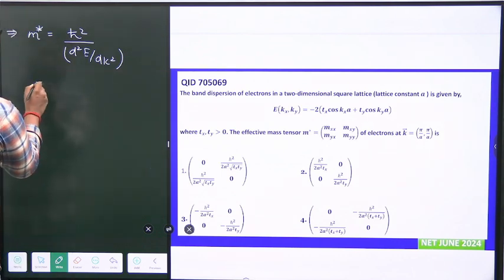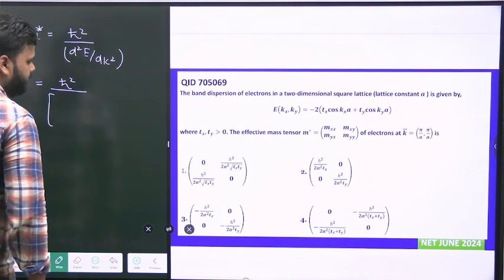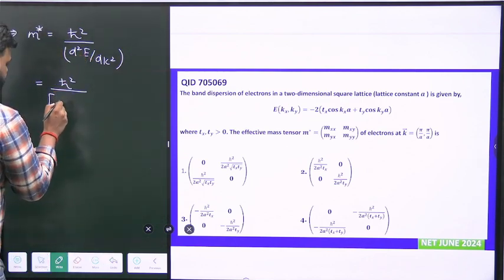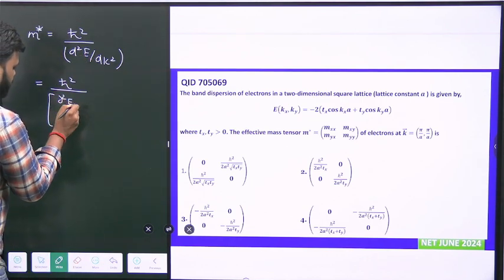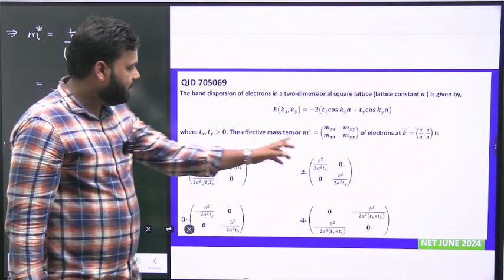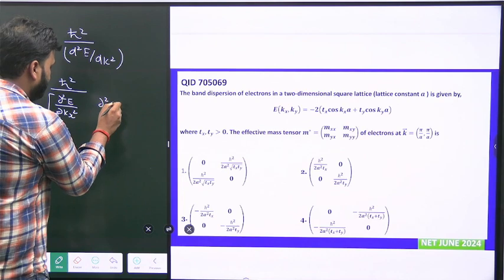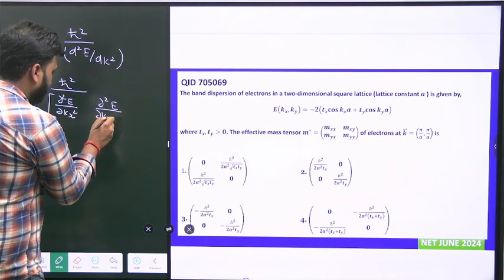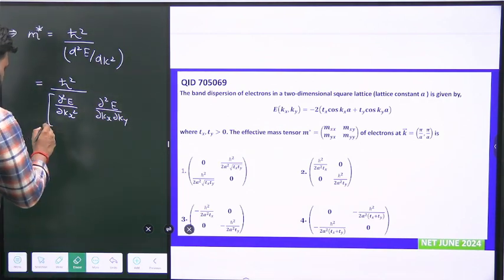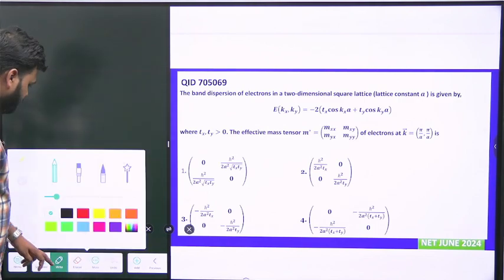So let's do it. It will be nothing but h cut squared, and in the denominator we will have a matrix form. Mxx means del 2E over del kx squared. For mxy, we will have del 2E by del kx del ky.